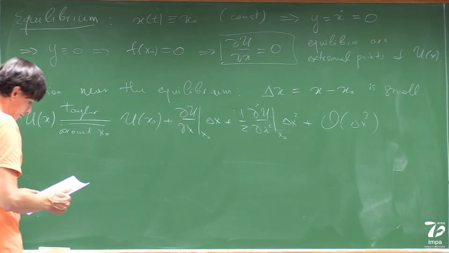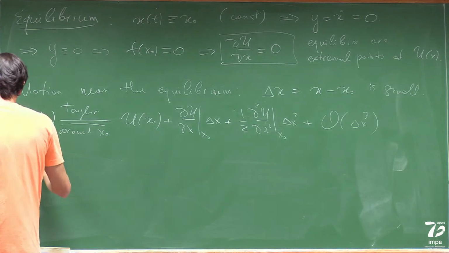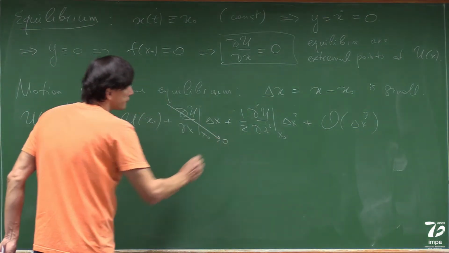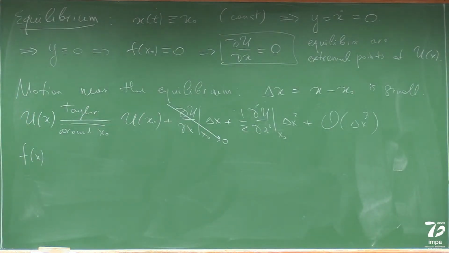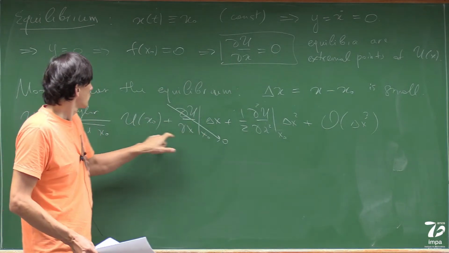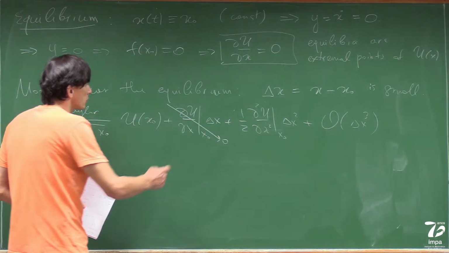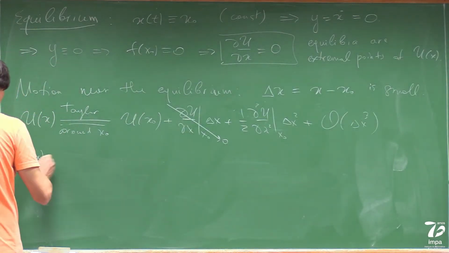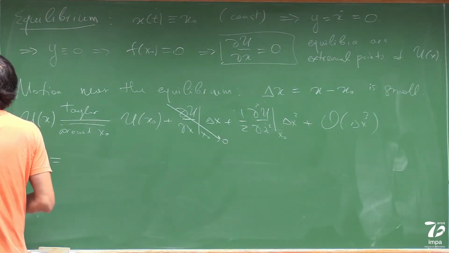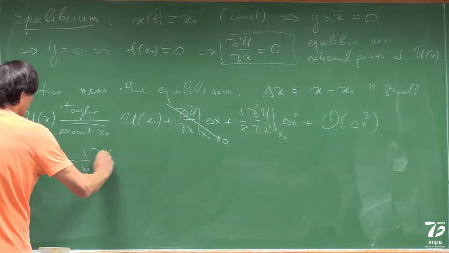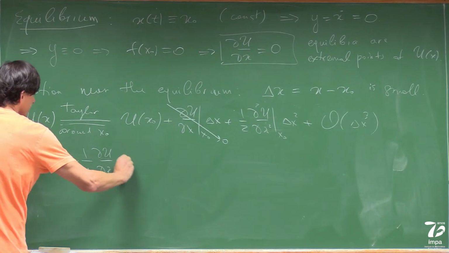Okay, and then we know that this is 0. So this is exactly the condition that we have an equilibrium. So the first derivative is 0, and this is 0. Then the function f, which you have in this system, is 1 over m du dx.